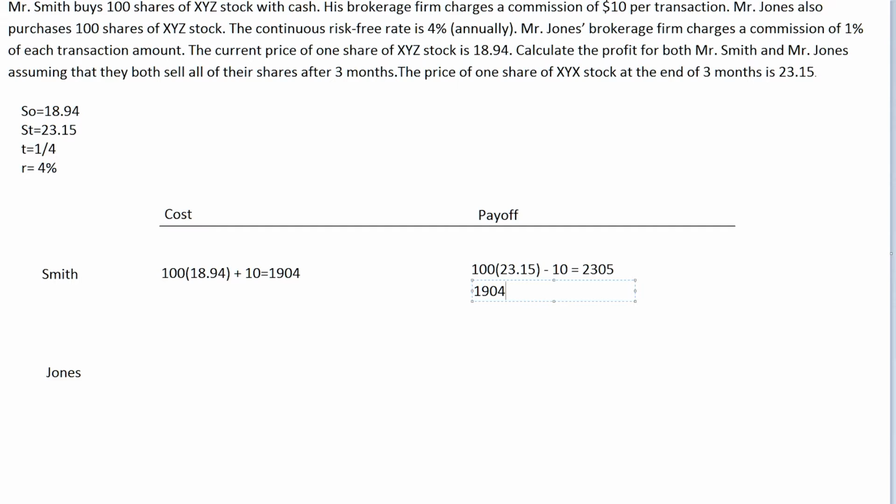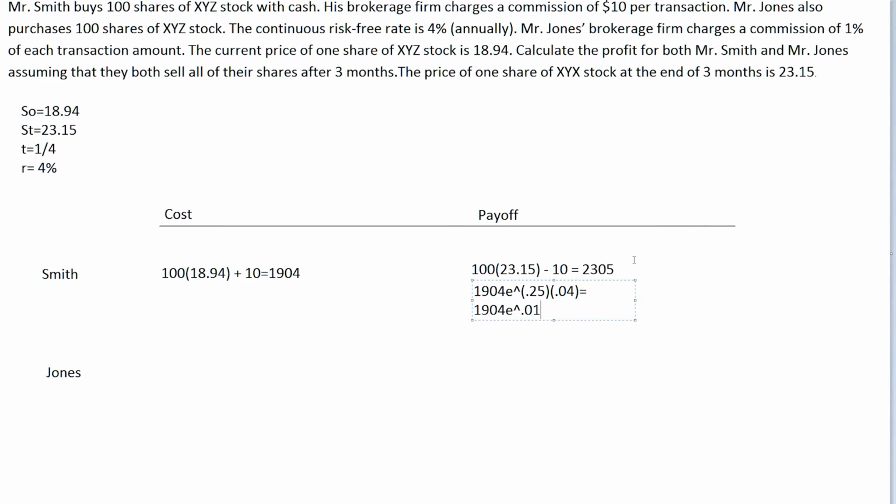So the continuous interest rate accumulated value formula is our original cost, 1904, times e to the power of 1/4, 0.25, times 0.04, which is really just 1904 e to the power of 0.01.